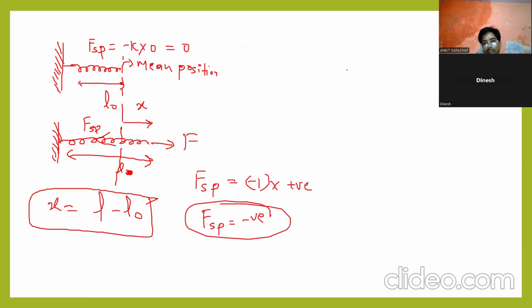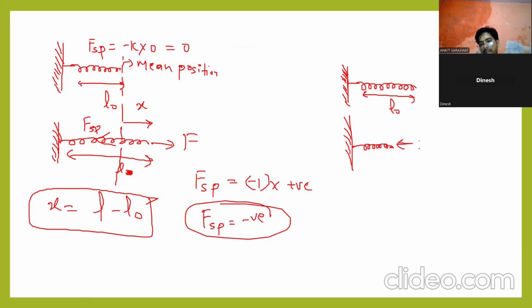Or you can understand with one more example like this. A spring is like this, with no force. Clear? Let us suppose this length is L0, the natural length. If you apply a force, then it will be like this.